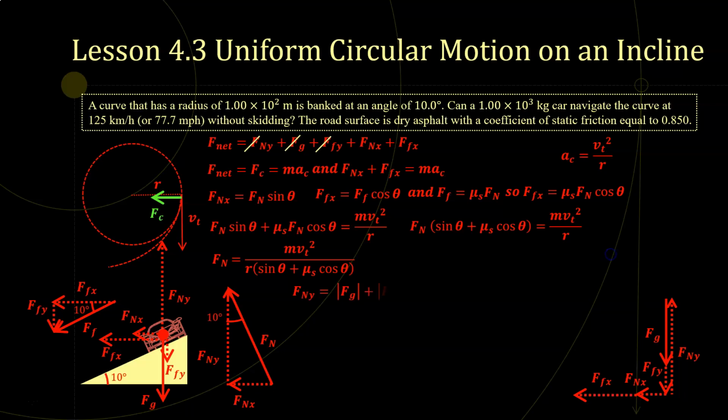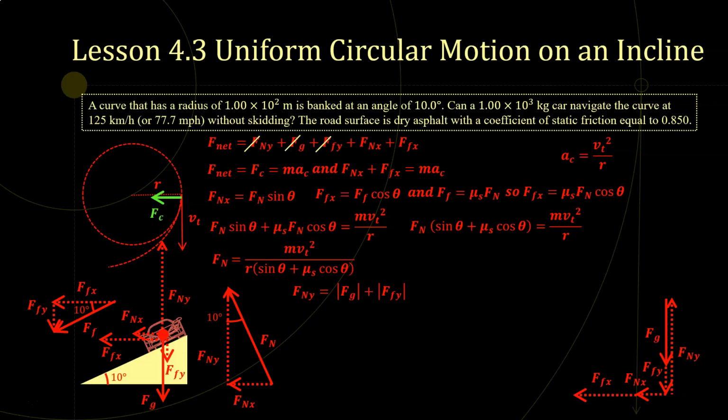But in this case, I have three forces in the y dimension. I have the y component of the normal force, gravity, and I also have the y component of the friction force, because the friction force is pointing at an angle down the slope. And that complicates things. So if I added all of these together, I would get 0.